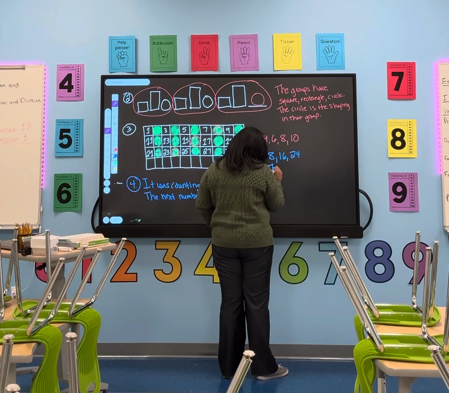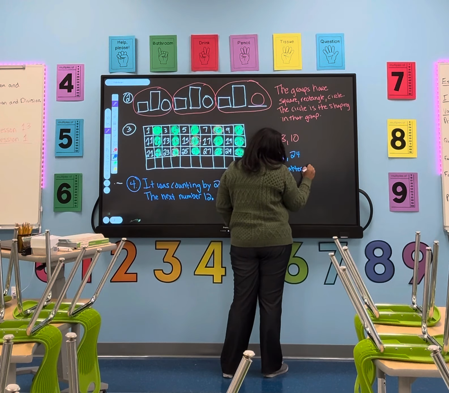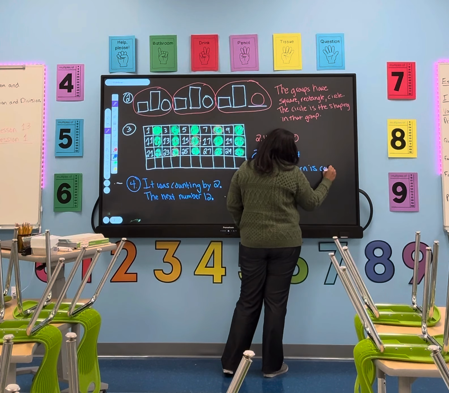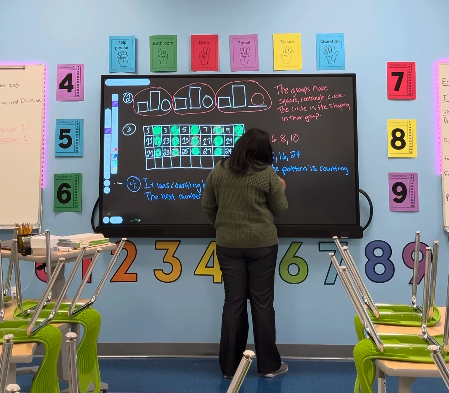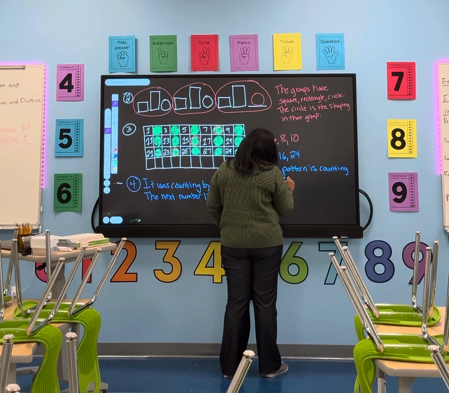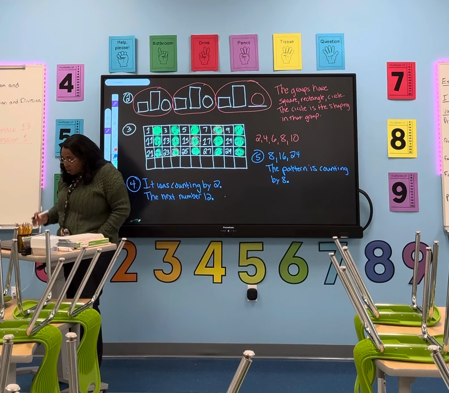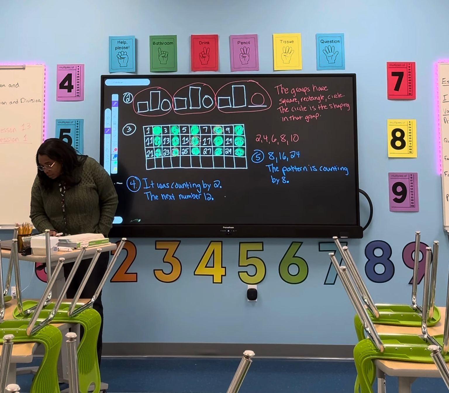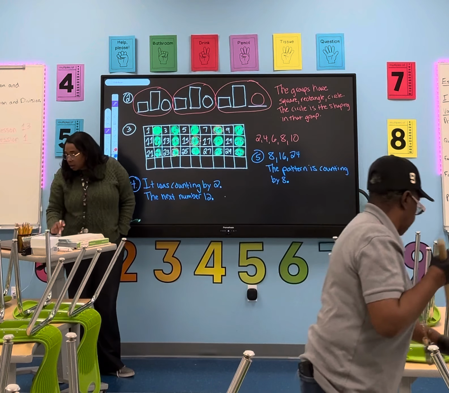The pattern is counting by 8. Okay, so let's keep reading that one because it was a long one. I like to go piece by piece. So it says, write and circle the next number in this pattern in the correct box on the chart.